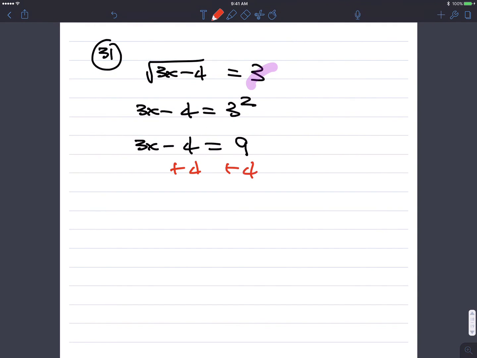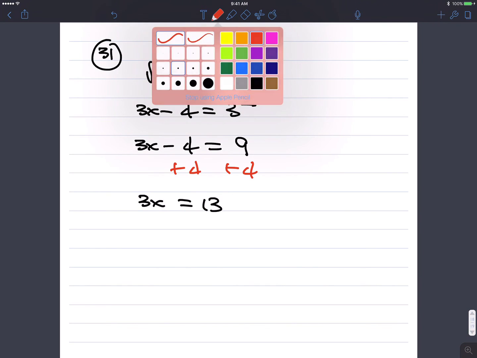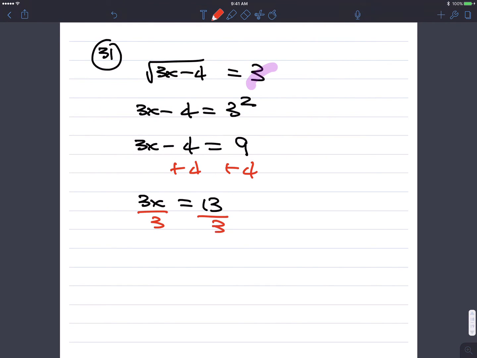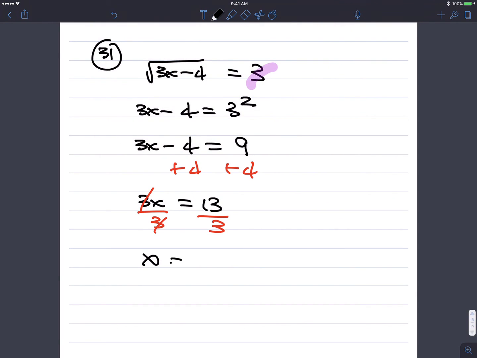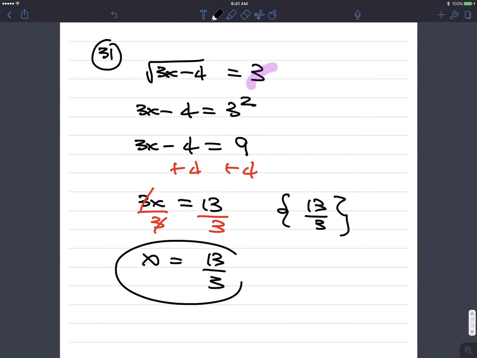Add 4 to both sides. 3x will equal 13. Divide both sides by 3. X is 13 thirds. And you're done.